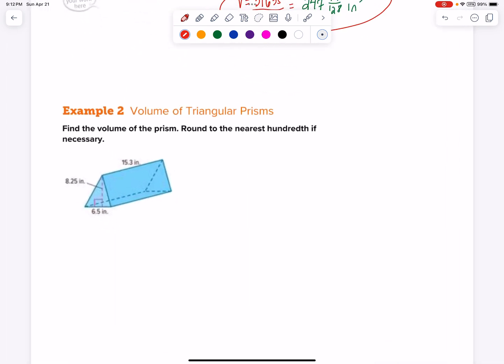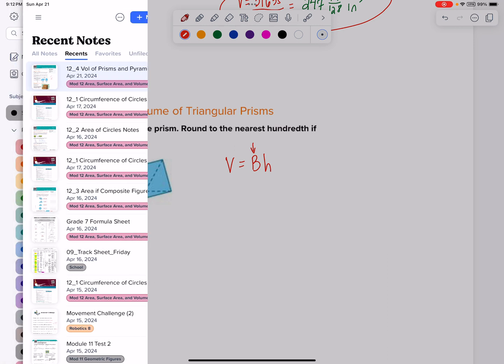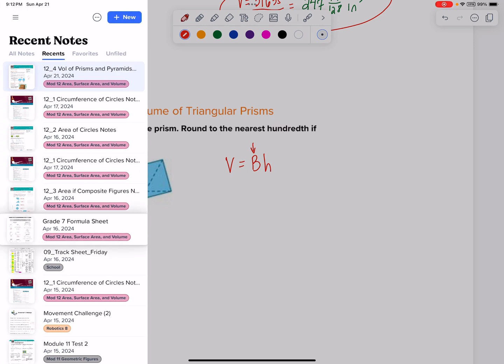So you do have to know what the area formula is for a triangle, because we know that the volume formula is big B times H, but big B is the area of the base. So area of the base, I know what it is, but I do want to model for you the process of just looking at your formula sheet.